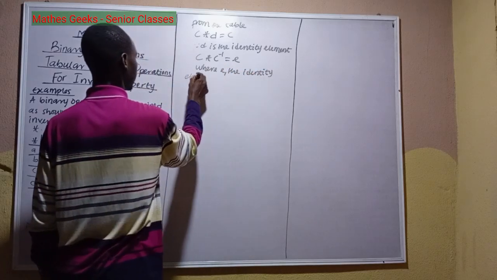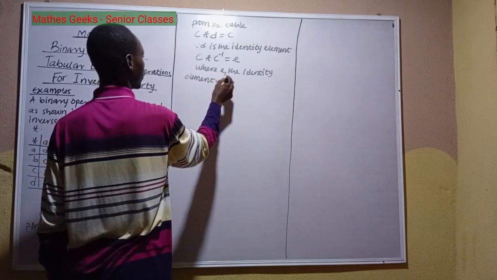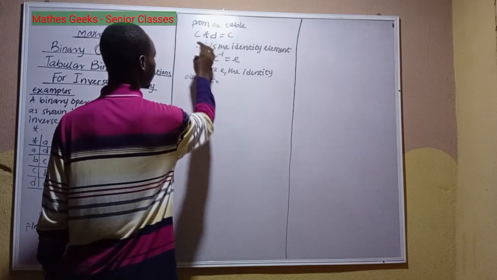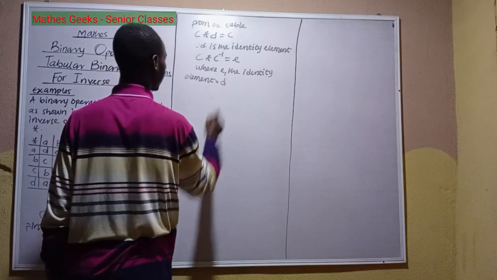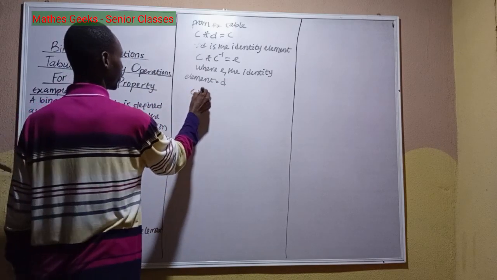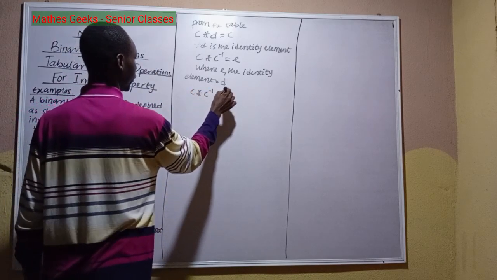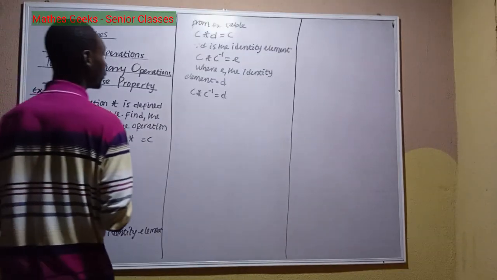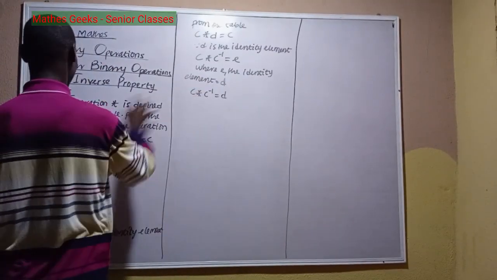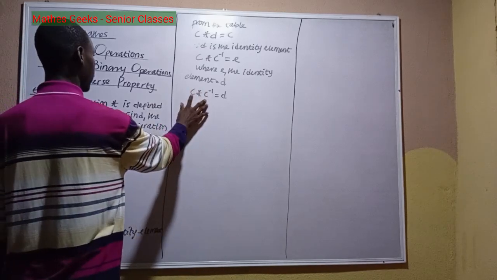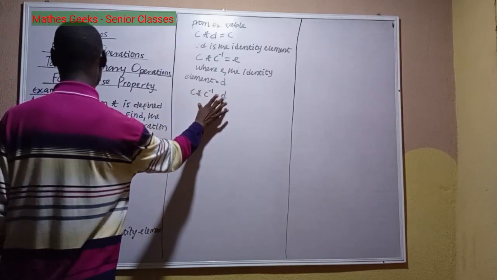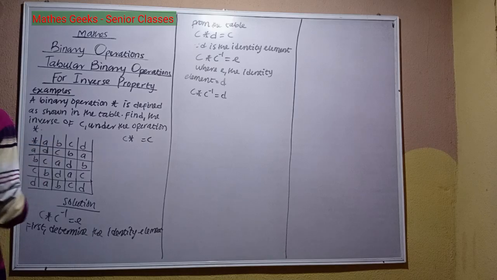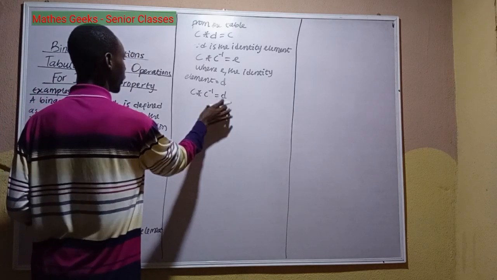The identity element is equal to D. So this will give us C operation C inverse will give us D. So what we're going to look for from our table to get C inverse is C operation what will give us D. C operation what?